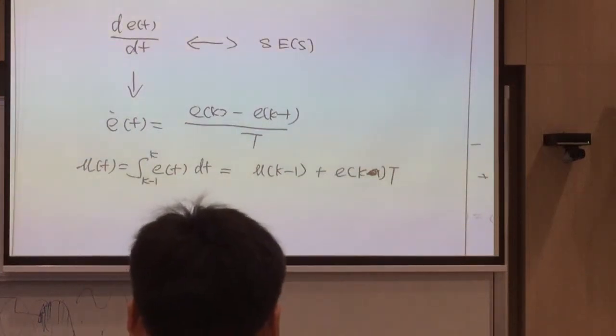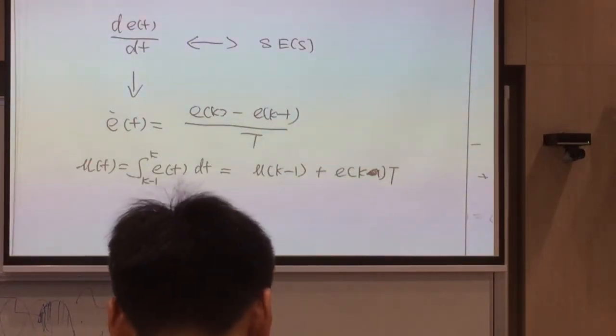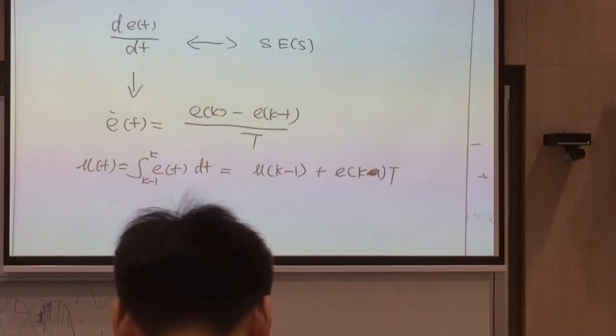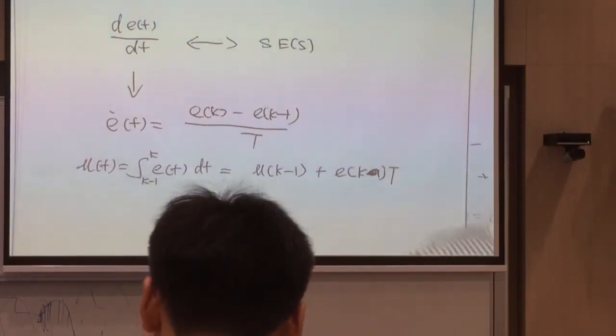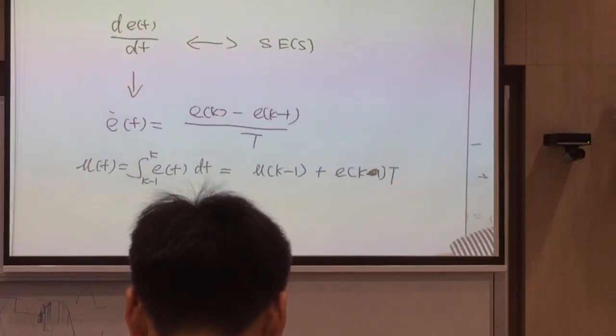Because we are referring to this point of Uk, then backward is rectangular. So it's your Ek multiplied with E prime.